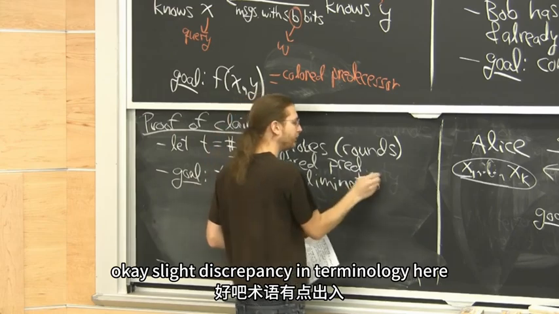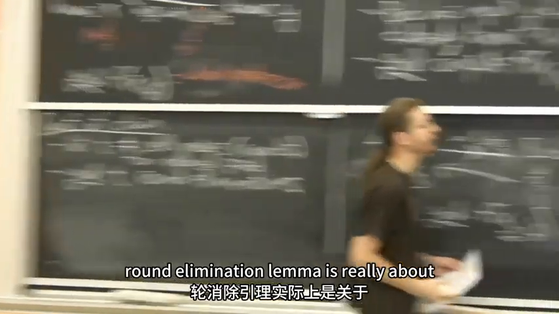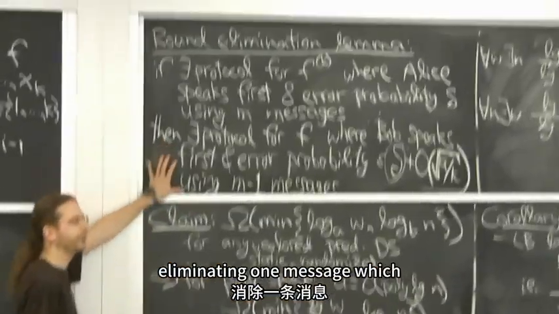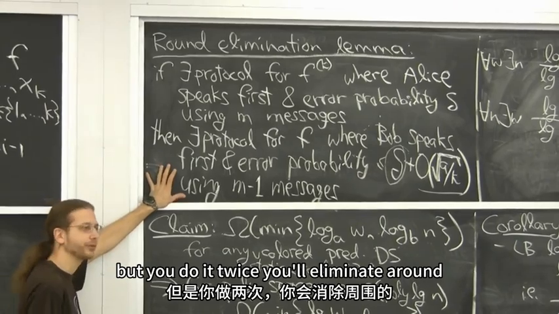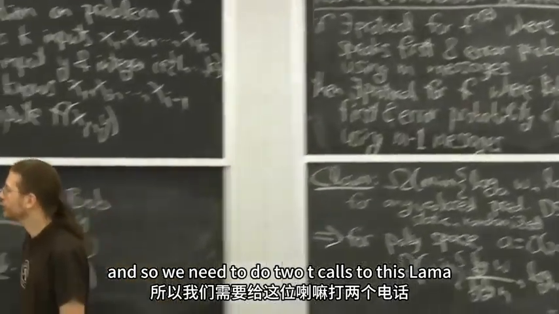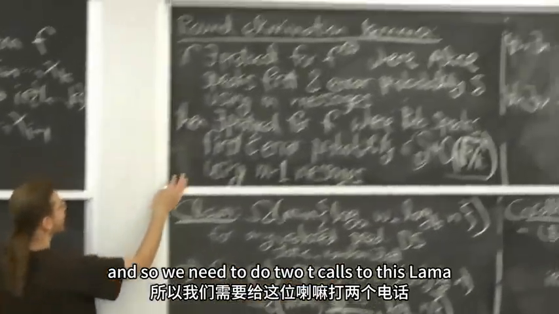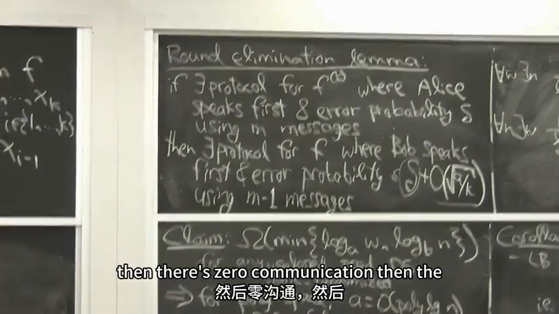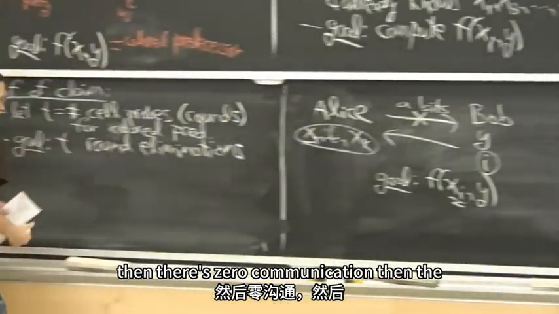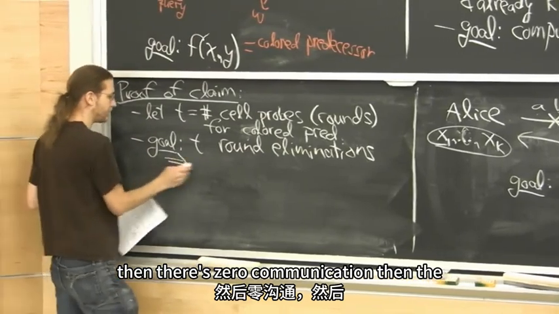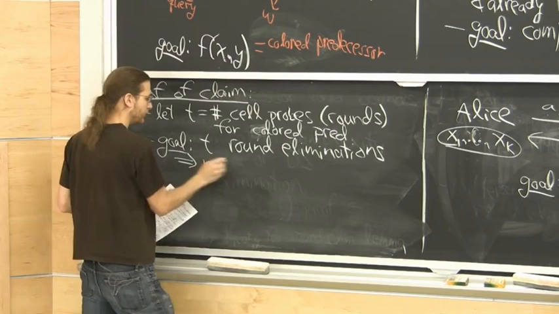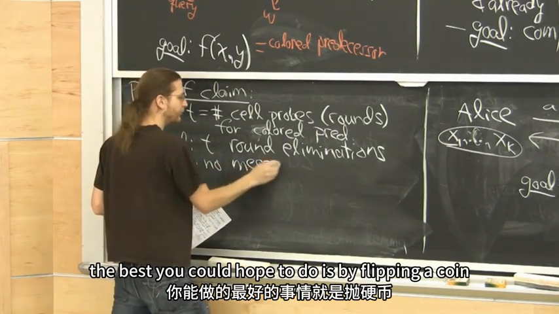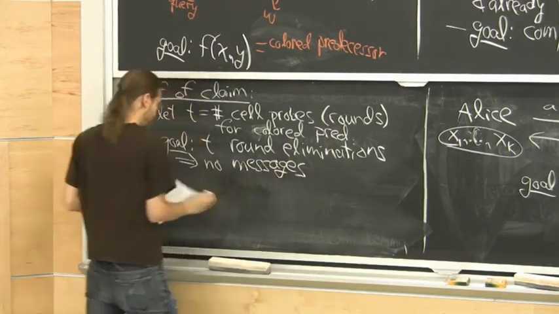Slight discrepancy in terminology here. The round elimination lemma is really about eliminating one message, which is half a round. But if you do it twice, you eliminate a round. So we need to do 2T calls to this lemma, and we will eliminate all messages. Then there's zero communication, and the best you could hope to do is flip a coin.